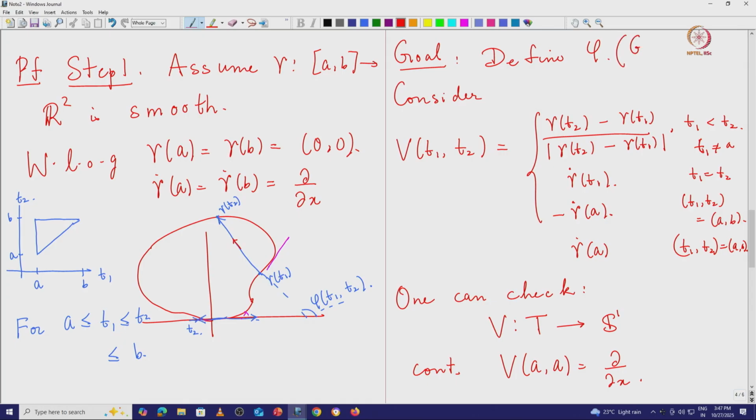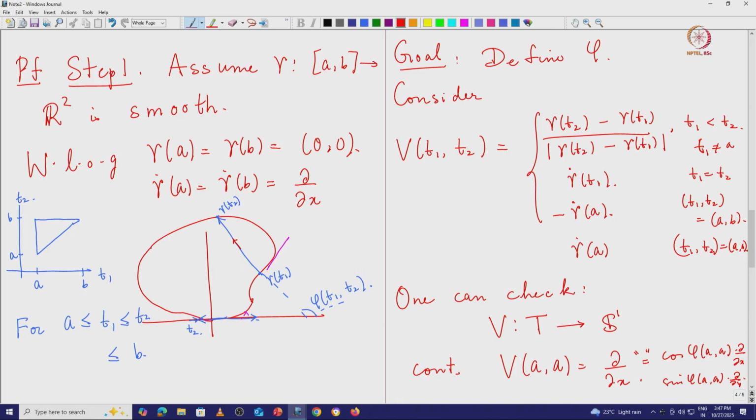So what is the goal? The goal is to define the secant angle. Any secant angle ought to be cos of phi(a, a) del by del x and sin of phi(a, a) del by del y, right.